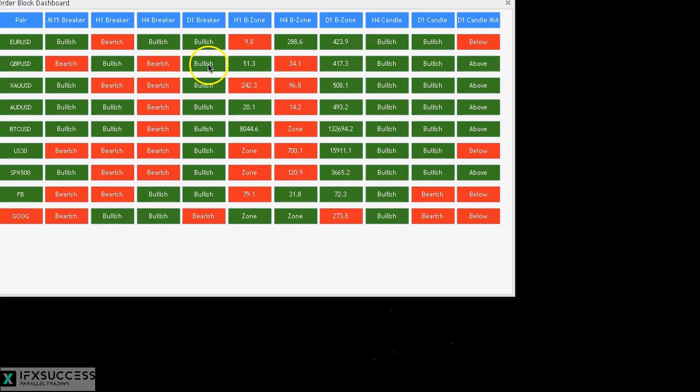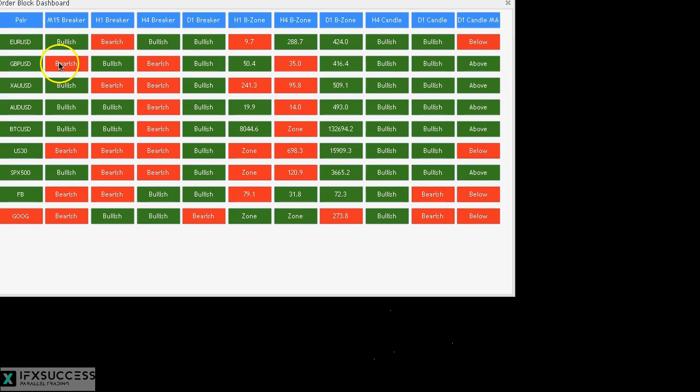Although we are bullish on the daily and bullish under the 1-hour, if we're going based on the 4-hour and 15-minute strategy, then this would be nice, because maybe we just got a retracement back to the zone in the 4-hour breaker. But if my candles are still bullish, I am not going to sell here. I am just going to ignore it, because I do not want to go against these two candles.